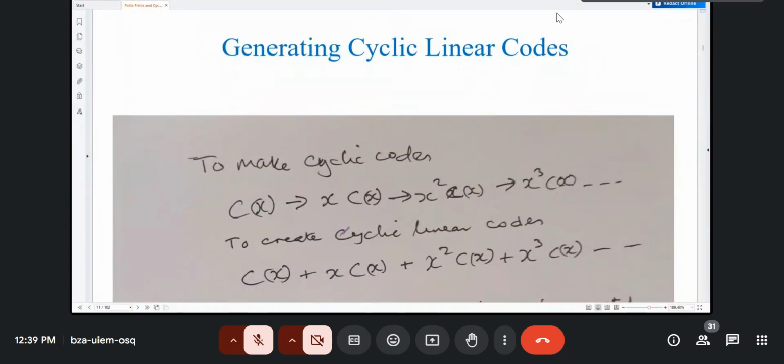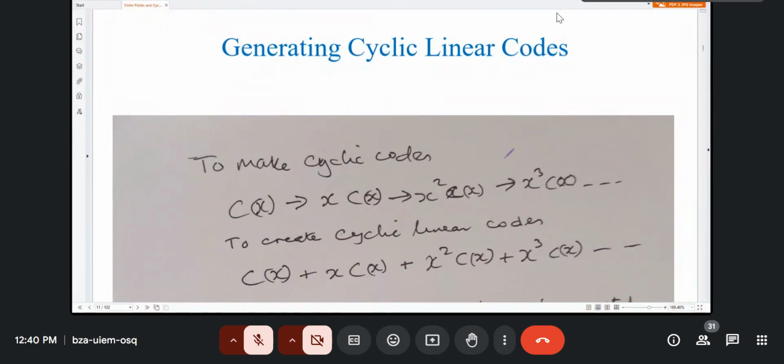So to make cyclic codes, we are going to see that you can generate cyclic linear codes. To make cyclic codes, you simply keep on multiplying by x. If you multiply c(x) by x, you get x c(x). If you multiply again with x, it becomes x to the power of 2 c(x), and so on and so on.